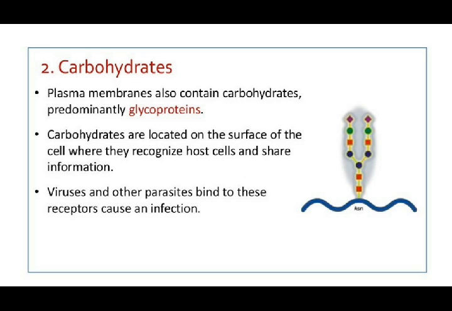Carbohydrate. Plasma membranes also contain carbohydrates, predominantly glycoprotein. Carbohydrates are located on the surface of the cell, where they recognize the host cell and share information. Viruses and other parasites bind to these receptors and cause infection.